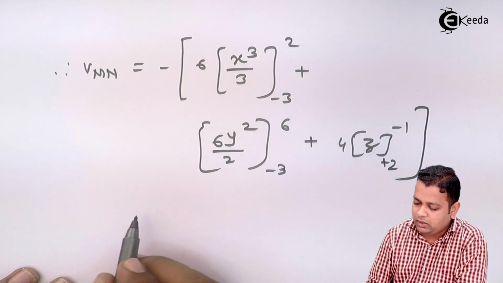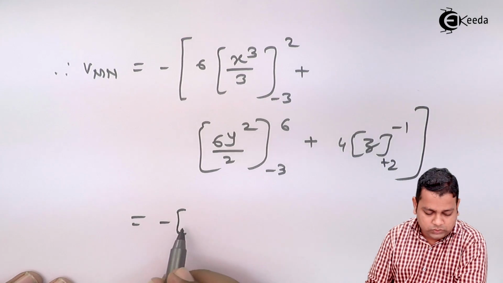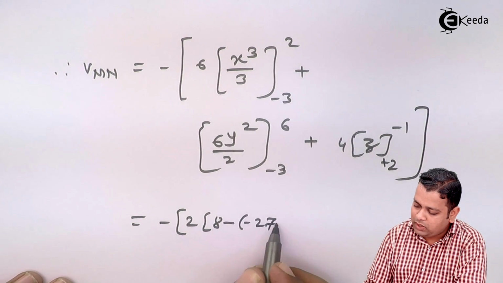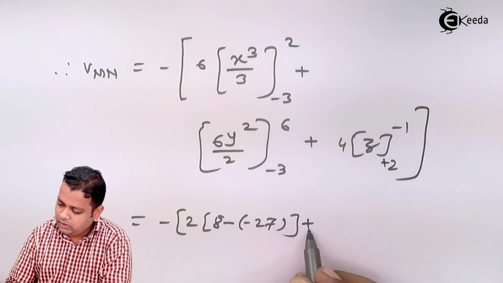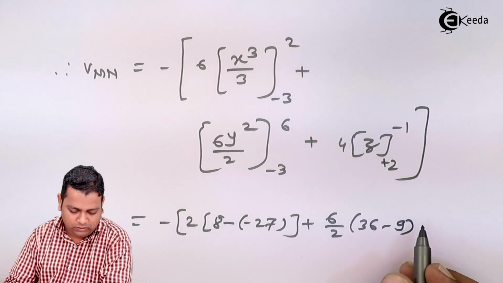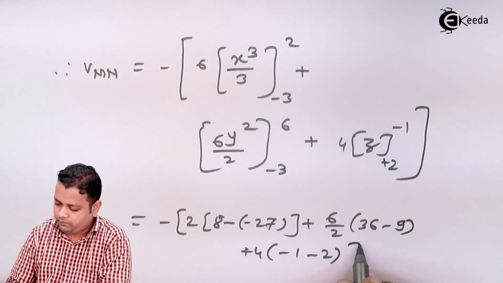So this completes the bracket. We shall be writing it further in more simplified form. So it will be 2 in bracket 8 minus minus of 27 we get, plus 6/2 in bracket 36 minus 9, plus 4 in bracket -1 minus 2.